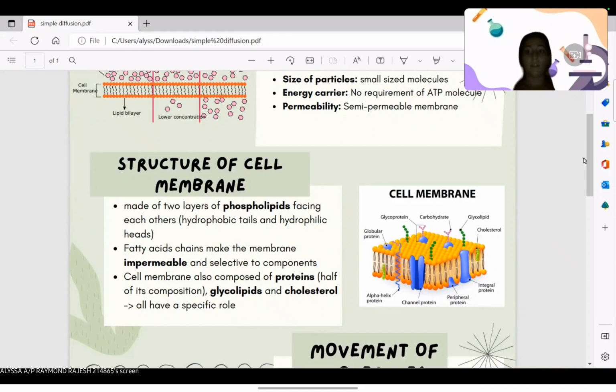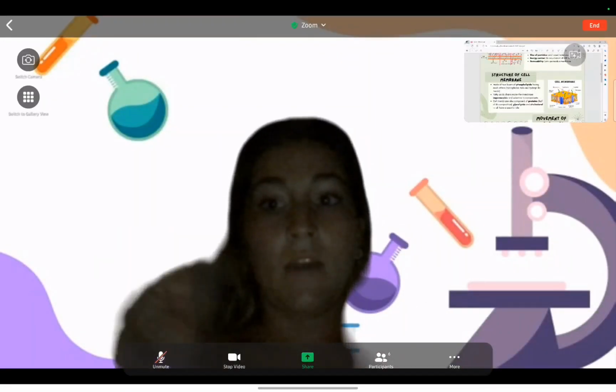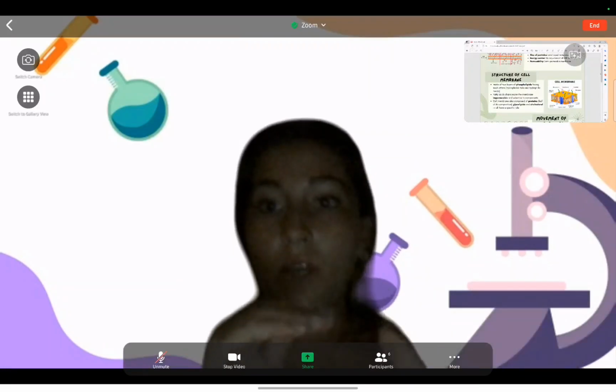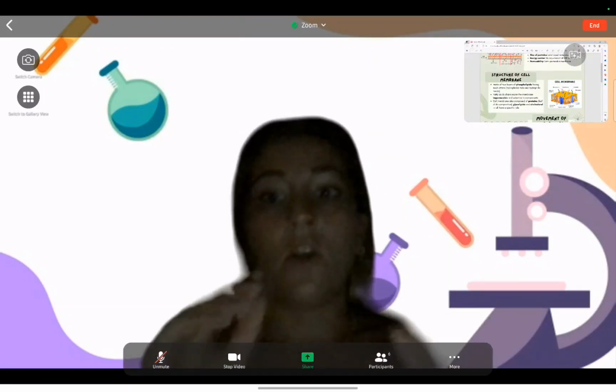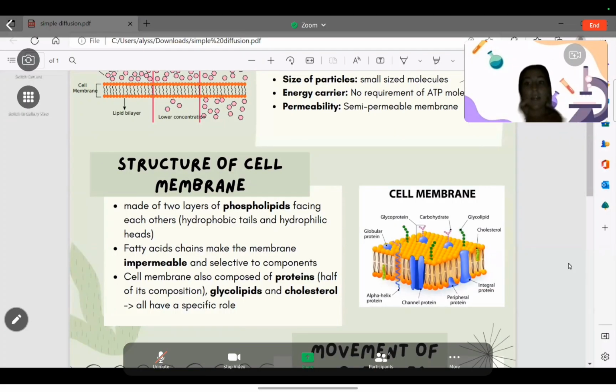The hydrophobic tails of these phospholipids face each other. So because the interior of the phospholipid bilayer is occupied by hydrophobic fatty acid chains, the membrane is impermeable and doesn't allow nucleic acids, amino acids, proteins, carbohydrates, and ions to pass through the bilayer. In addition to the phospholipids, the plasma membrane of animal cell contains glycolipids, proteins, and cholesterols, which all have a specific role.